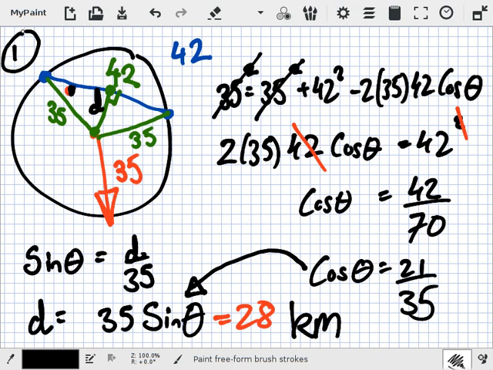I suggested a different way in class, which is fine. But I think it's good to write this way down, because in the exam it's more common that they'll give you a question that needs the sine and the cosine rule.